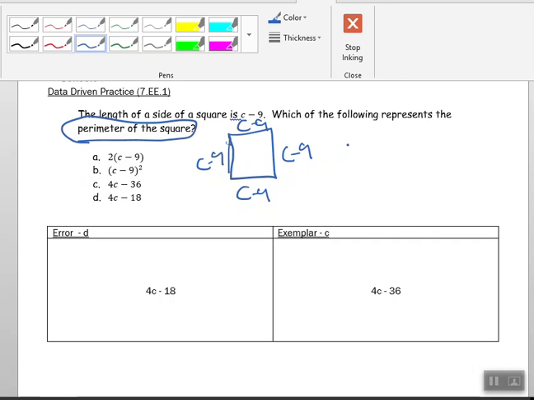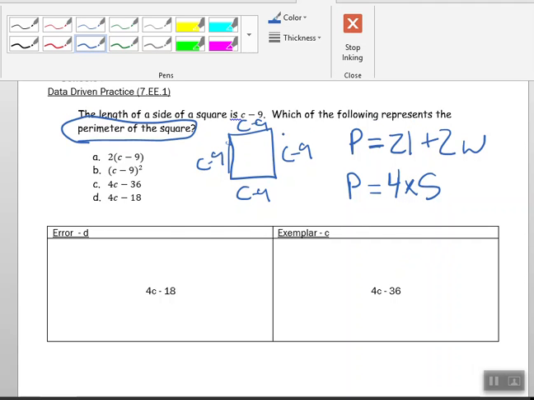We know that perimeter is equal to, some will say, 2 lengths plus 2 widths. Perimeter can also be equal to 4 times the side for a square.